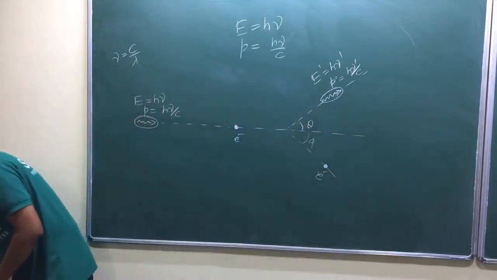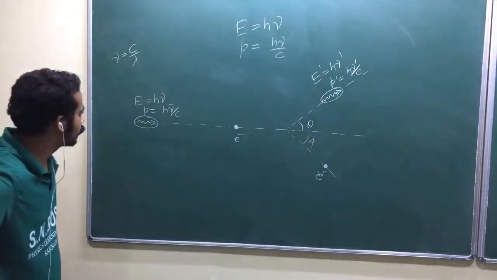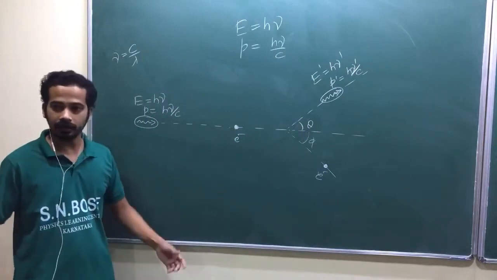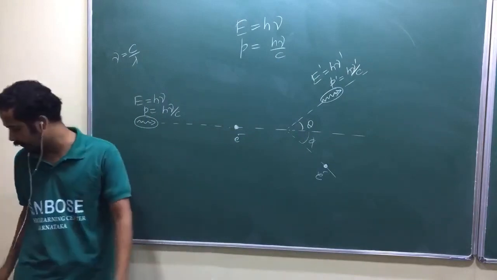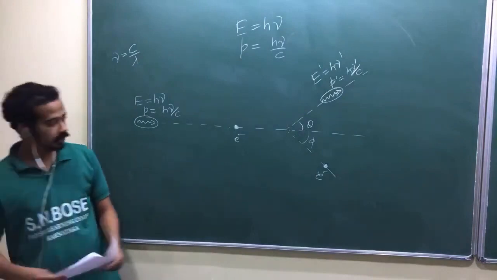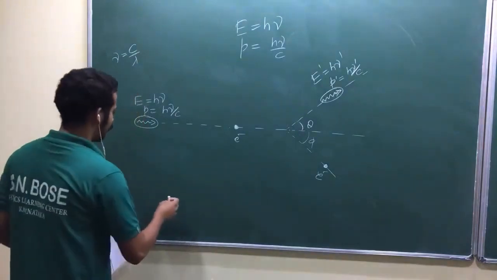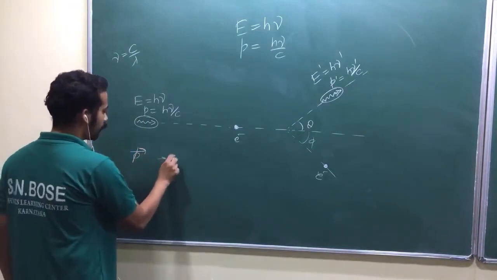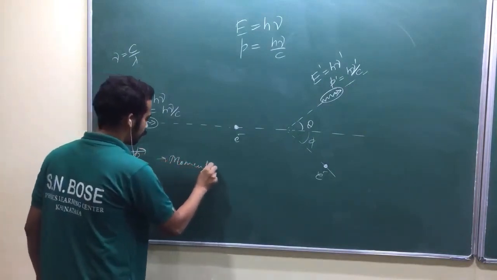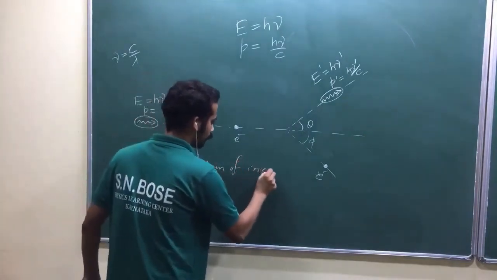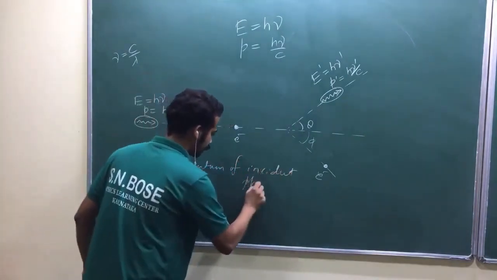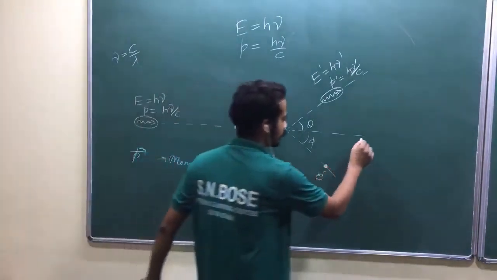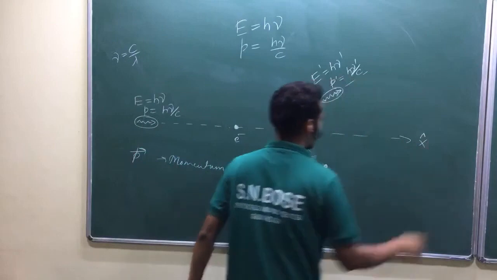Now let me apply conservation of momentum. It's a kind of particle interaction, and we shall study this in particle physics also. So in the Compton effect, suppose P vector is the momentum of the incident photon. It's along the x axis actually, but let me not quote any axis.